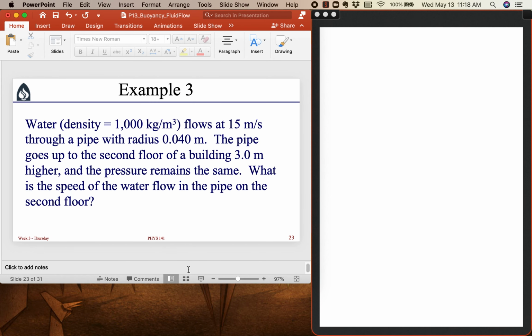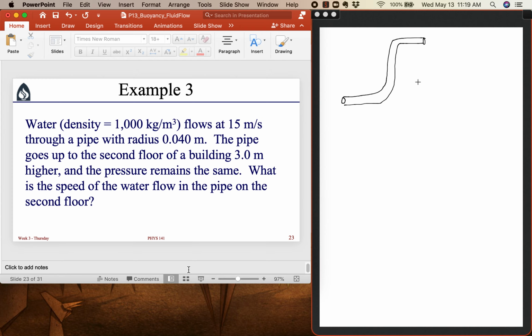First, though, let's draw a picture of the situation so that we can figure out what quantities are appropriate to use where. In this situation, we have a pipe, and the pipe goes up to a higher height as it goes up to the second floor of a building.